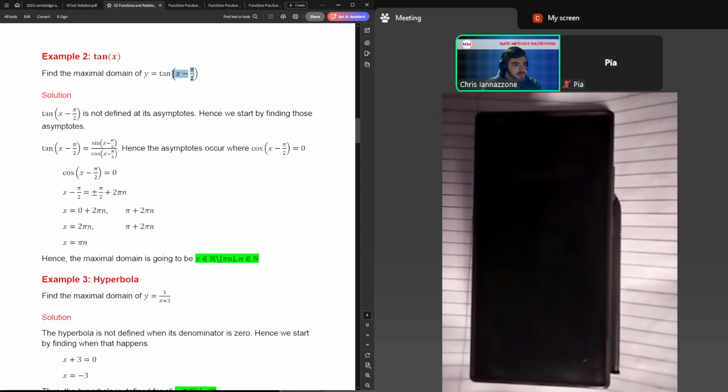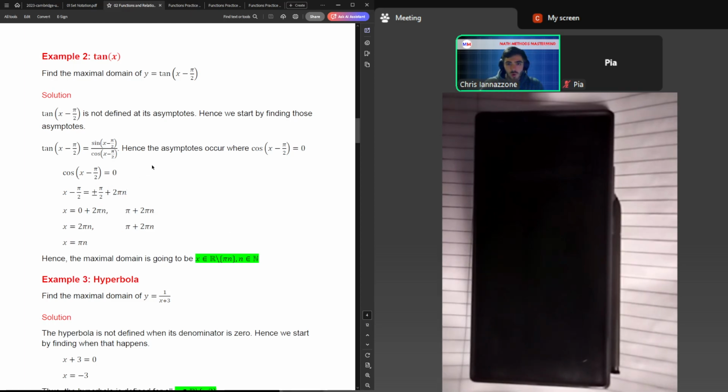For tan, the idea is you want to get rid of those asymptotes. And so first things first, we got to find those asymptotes. My preferred approach has always been to convert tan into its sine divided by cos equivalent, and then figure out where cos goes to 0. So we're just going to rip that cos out on its own and figure out where it goes to 0. That's going to occur at plus minus pi over 2.